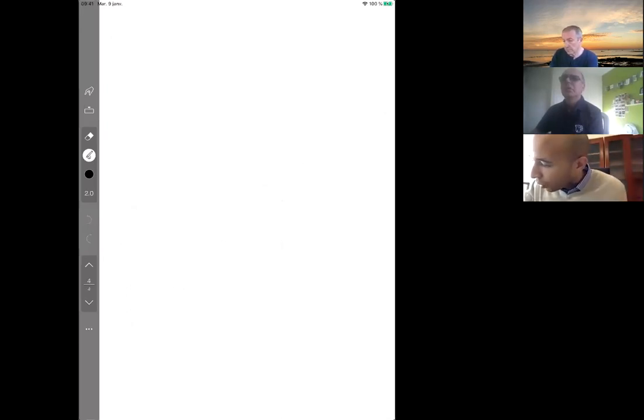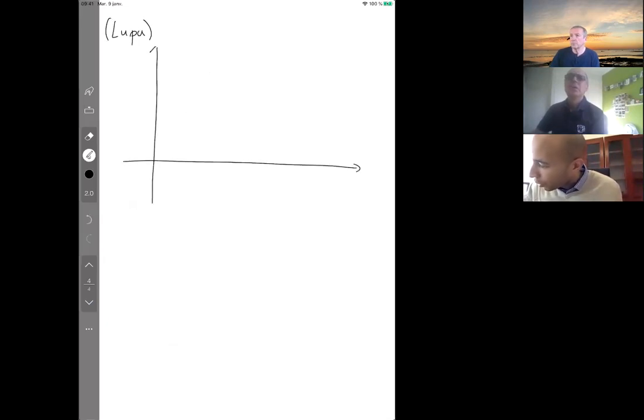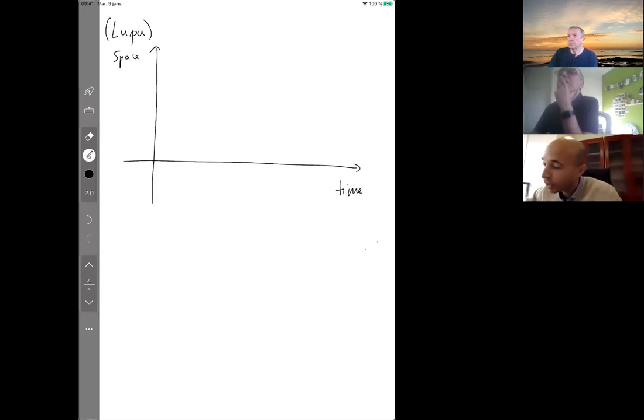And what you can do, actually it's in a paper of Titus Lupu, is you can order these Brownian excursions with respect to their minimum. So here I will have time and the vertical axis is space. And so I will have Brownian excursions and I order them with respect to their minimum.